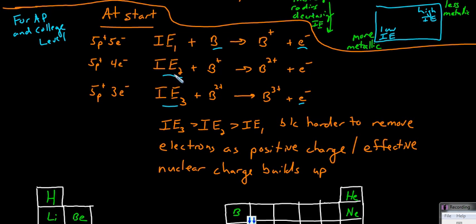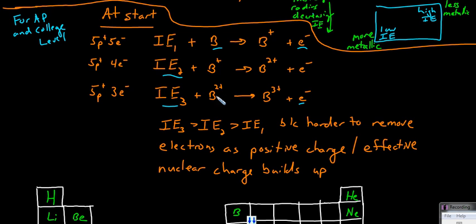Now, the third ionization energy is greater than the second ionization energy and is greater than the first ionization energy. As we remove more and more electrons, the ionization energy increases because it becomes more and more difficult to separate the electron from the now increasingly positive ion.